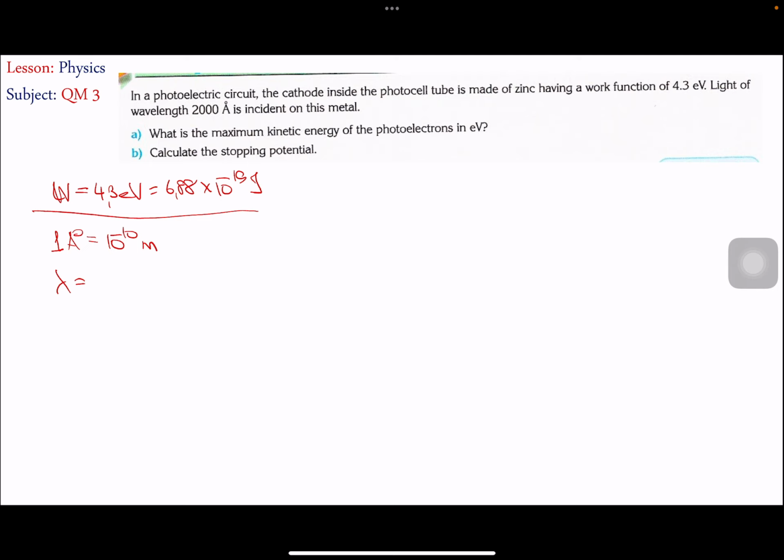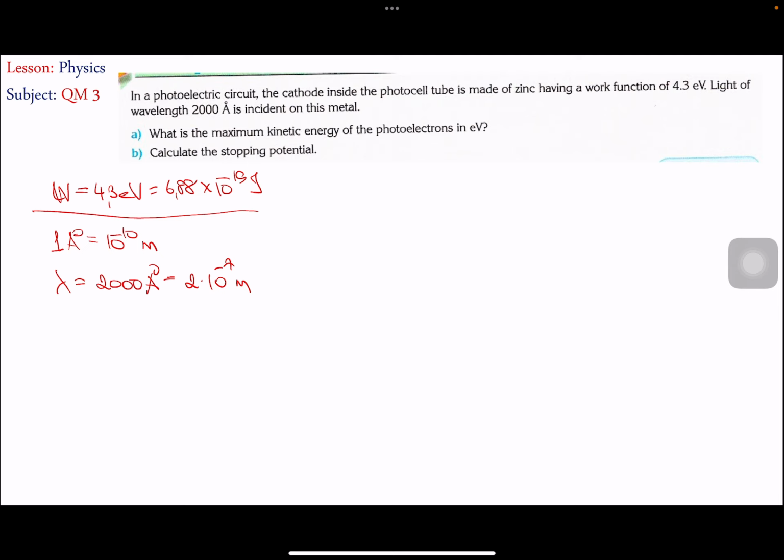So I'll write it as 2 times 10 to the power of minus 7 meters. I convert it to meters because in order to calculate, I have to convert everything to the SI system: meters, joules, kilograms, and so on.